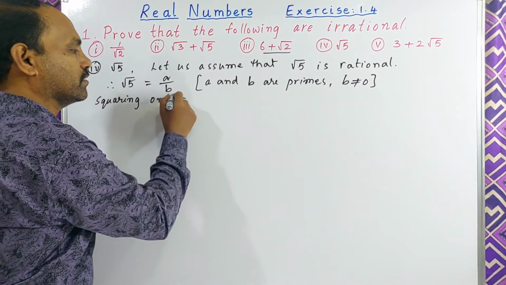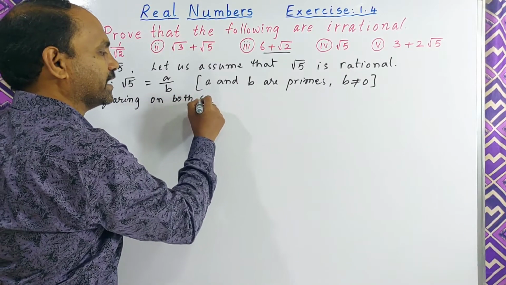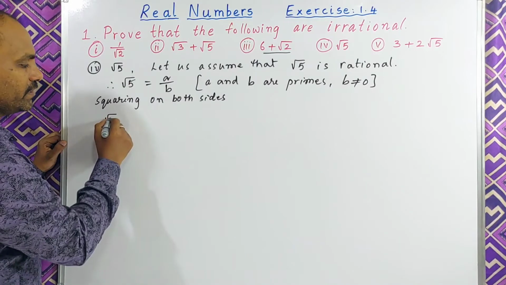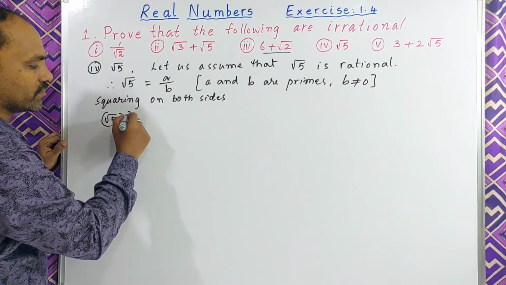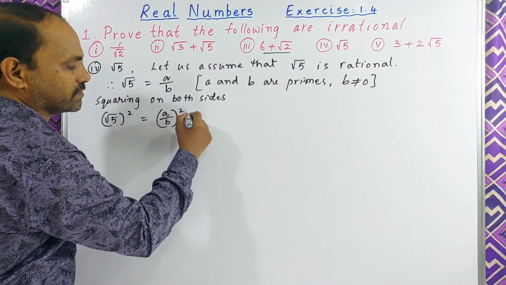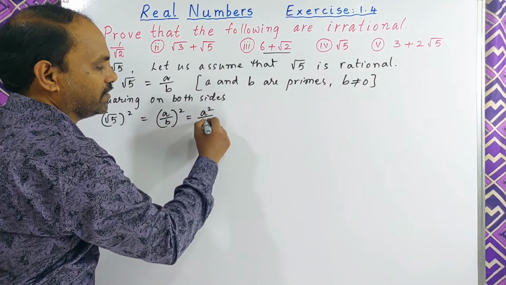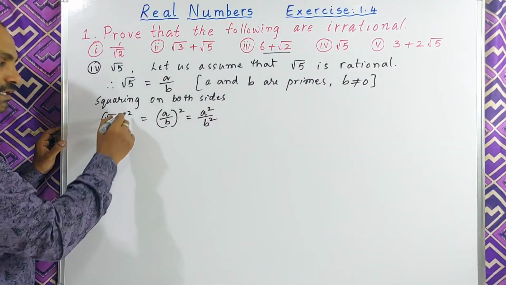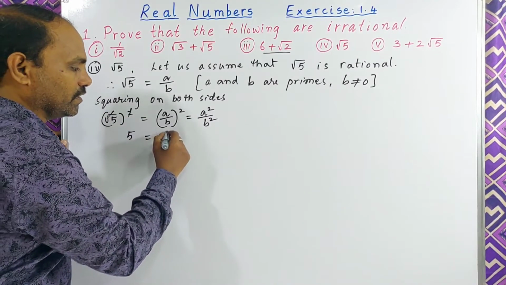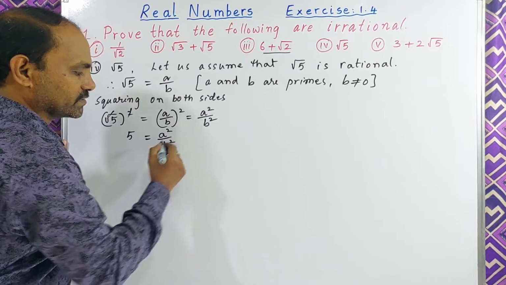Squaring on both sides, what do you get? Root 5 whole square is equal to a by b whole square, that means a square by b square. Here square and root cancel, so 5 is equal to a square by b square.